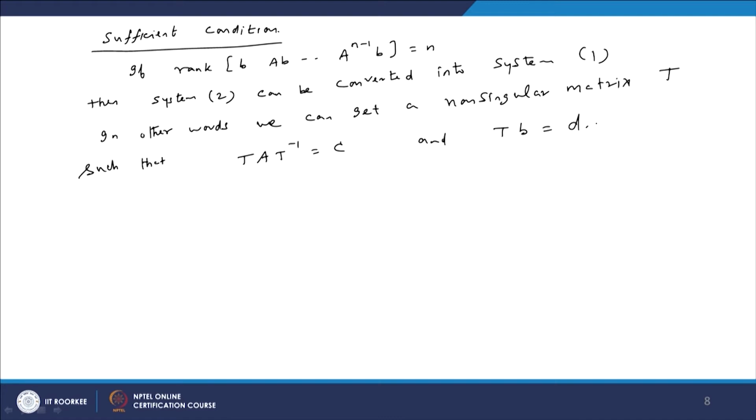So, now making use of the rank condition, we can construct the matrix T in the following way.